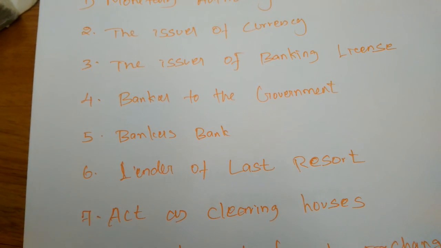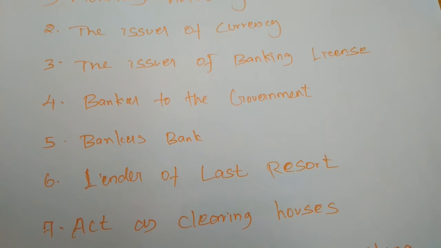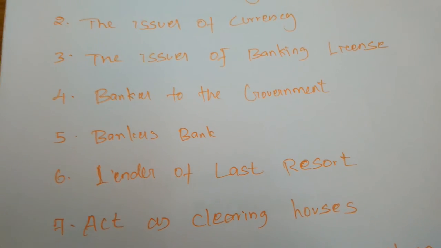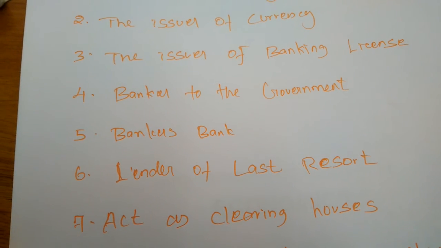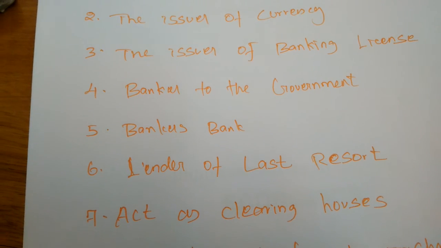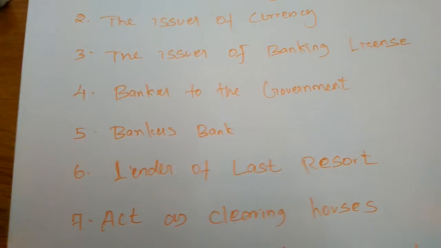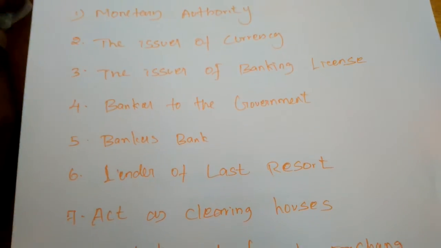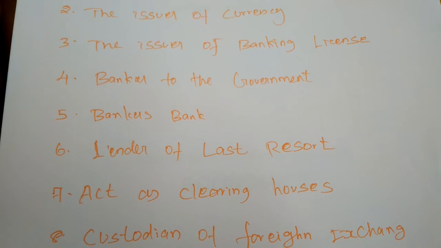It provides short-term credit. Short-term credit means maybe below one year or within one year. It manages all new issues of government loans, servicing the government debt outstanding, and nurturing the market for government securities. The government does not sell the securities directly.